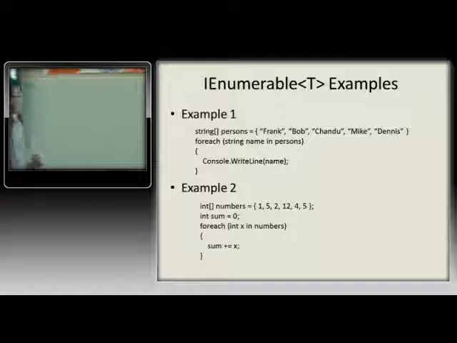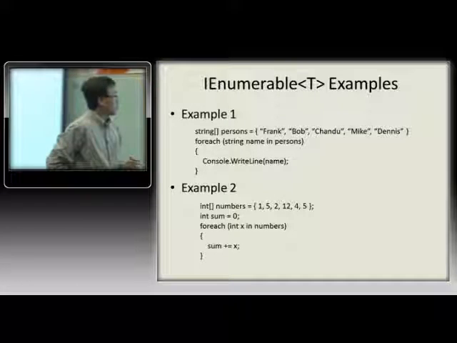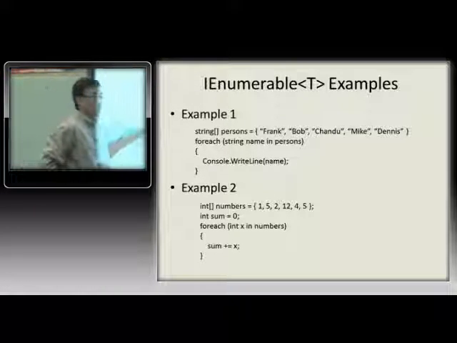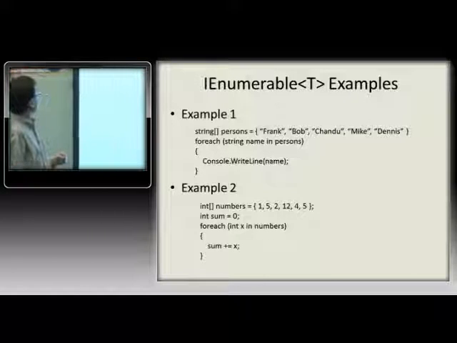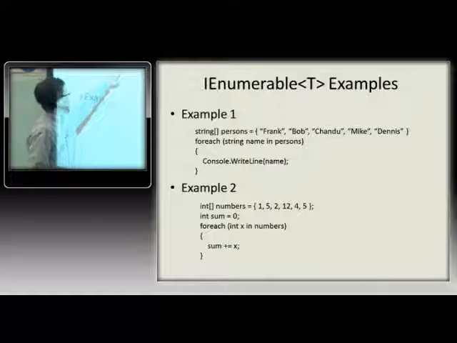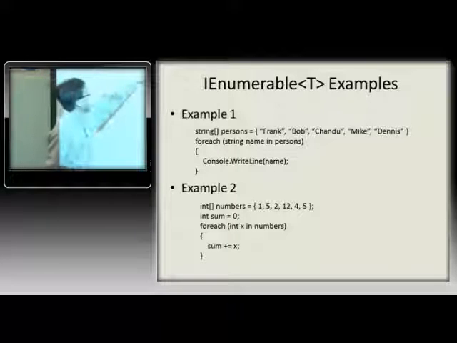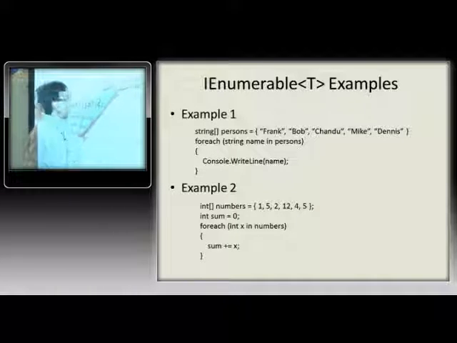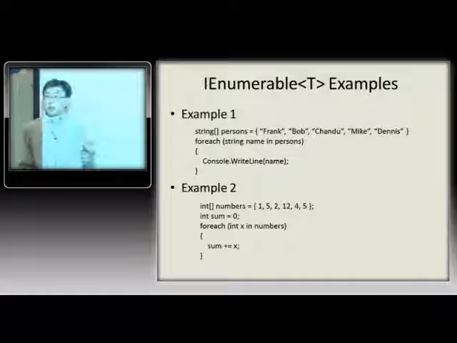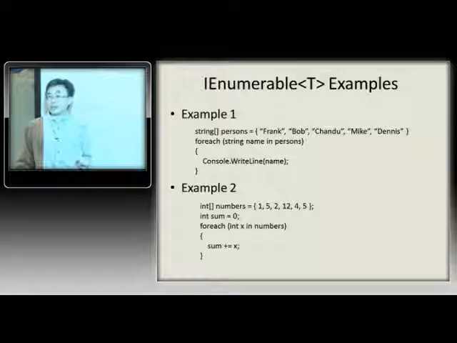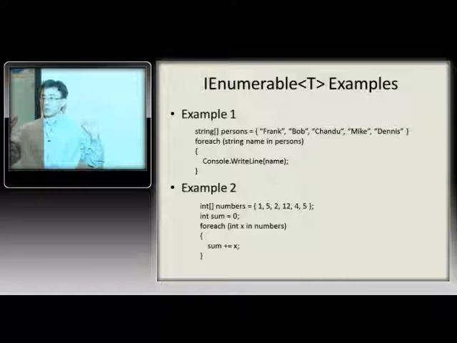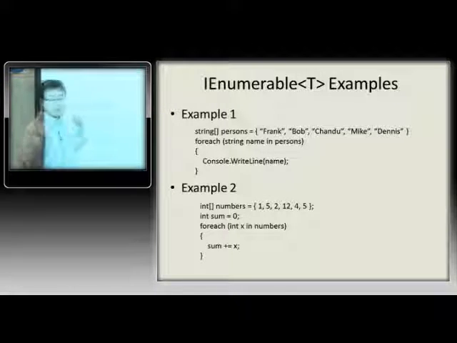Here, in is a keyword, and string is the type. Persons is an array, but it implements IEnumerable, so anything that is IEnumerable, we can do this kind of thing.